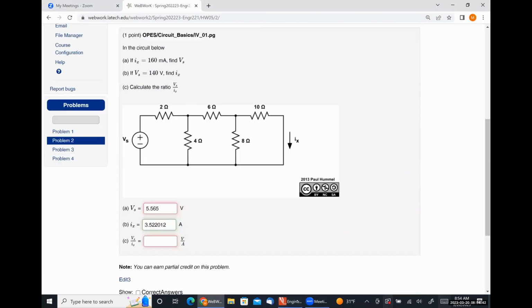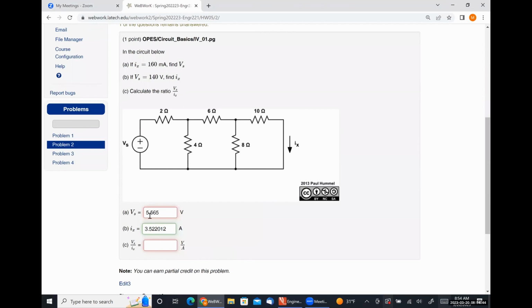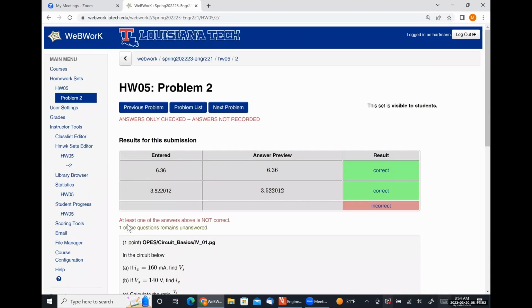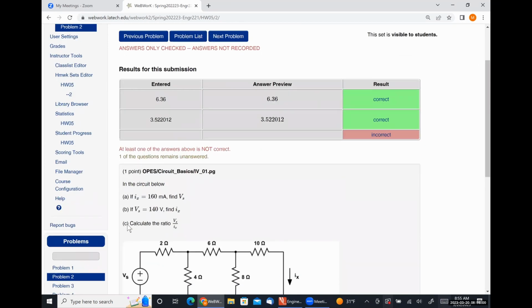Try this again. Told you I make mistakes. There we go. No circuit analysis whatsoever. Only using the scaling factor, right? Part C here is simply to calculate the ratio of V over I. That's literally just simple division from what we've done, right? So nothing wild or crazy.